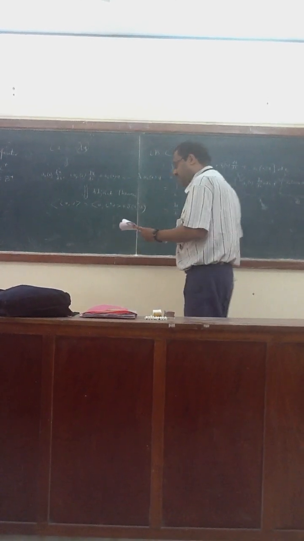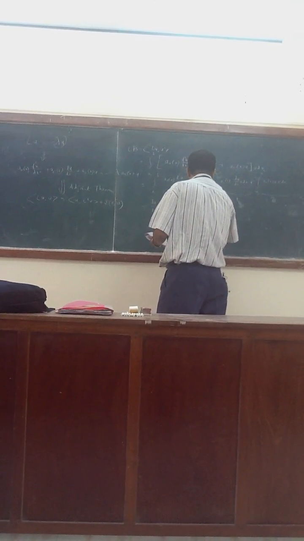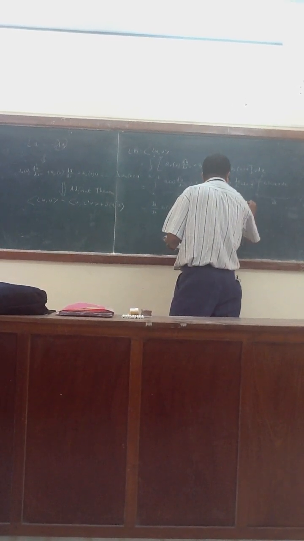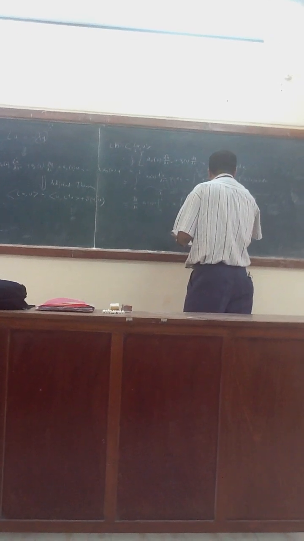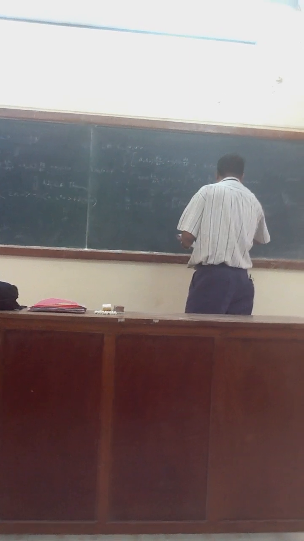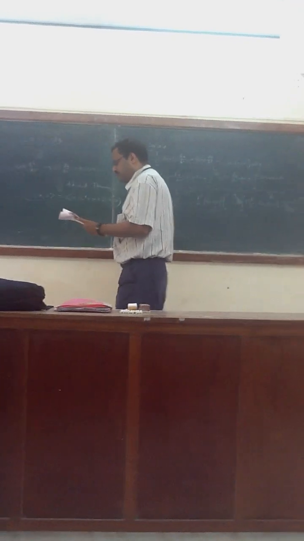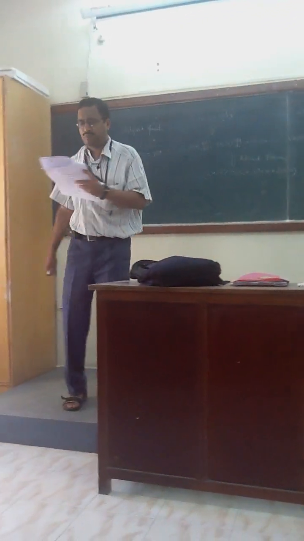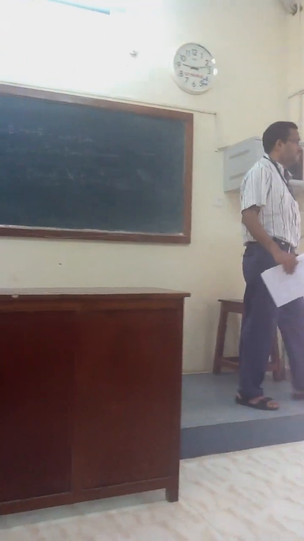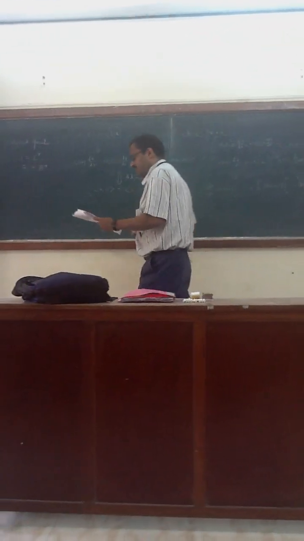Next is u d/dx of A0(x) v from a to b, plus the integral from a to b of u d²/dx² of A0(x) v dx. Only two kinds of terms will be there. One is the boundary term, because only at the boundary points it has a value, and at other nodes it doesn't. So these are called boundary terms.